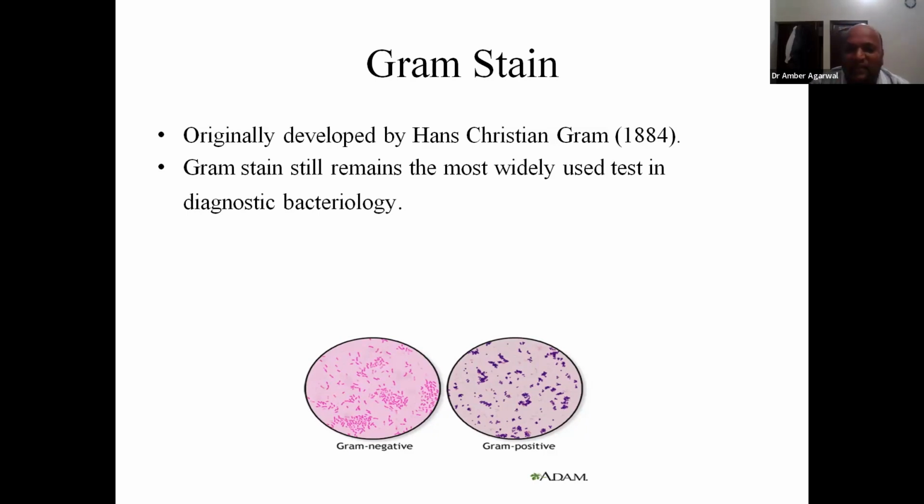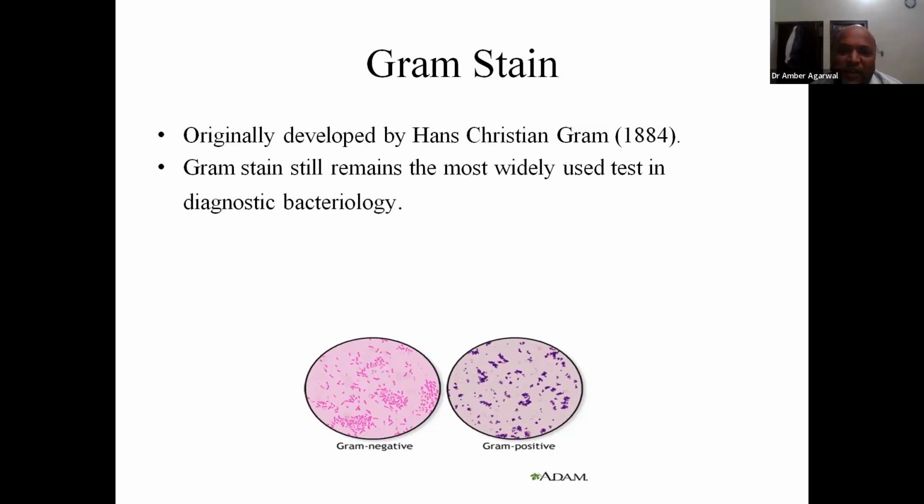So there's a picture of gram positive cocci and gram negative bacilli. But when you do it from a patient sample, it is somewhat challenging, because gram positive cocci are identified most of the time.